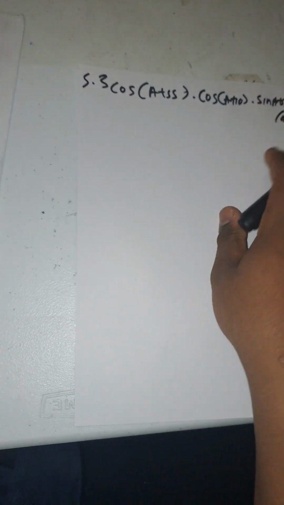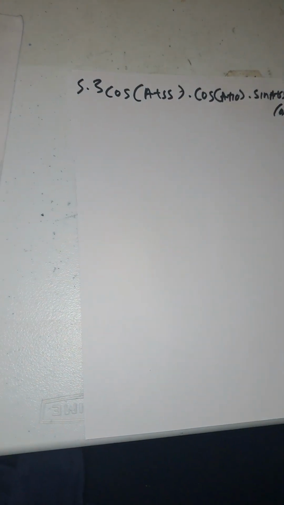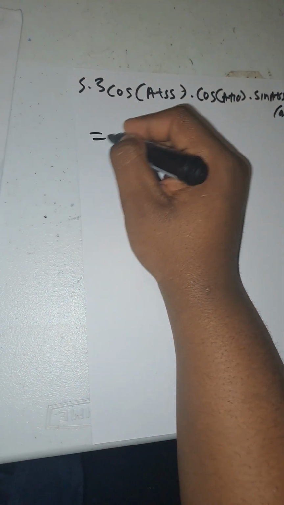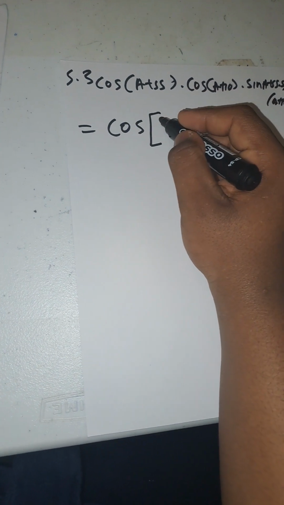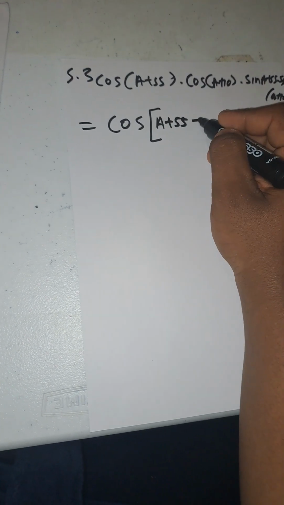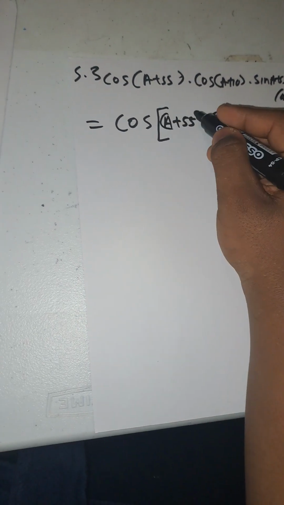So now I have cos plus sine. What does it mean? It means the leading trig ratio is cos. So I have cos, then inside my brackets I will have A plus 55 minus A plus 10. This is what I have.